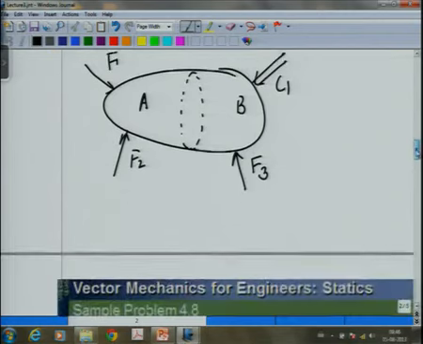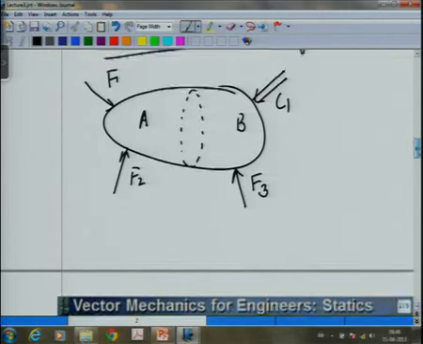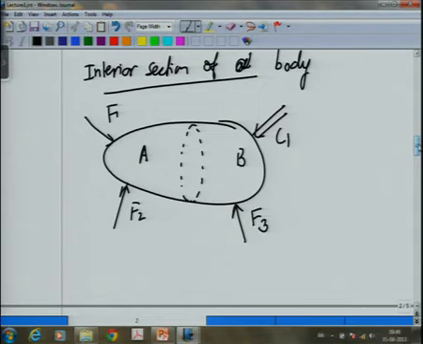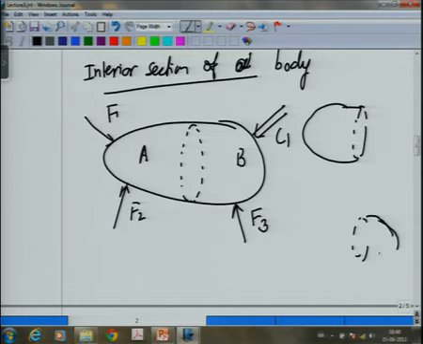So, when I draw the free body diagram of this, this is the left side, this is the right side. So, I want to draw the free body diagrams of the two sides. Now, what happens on the left side, I will show all the external forces, so F1 and F2.